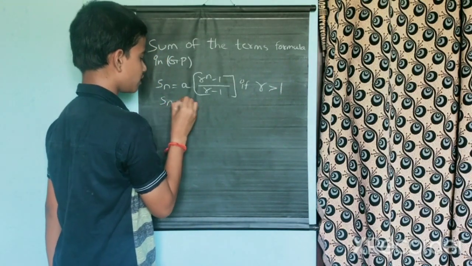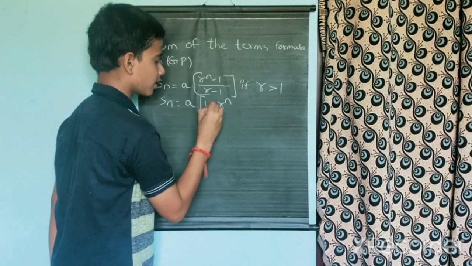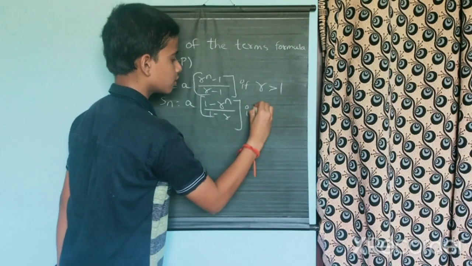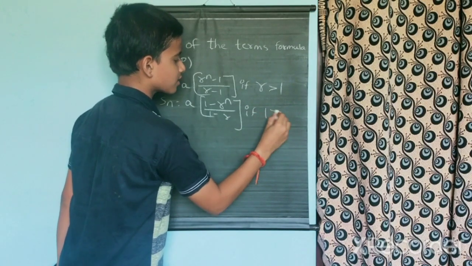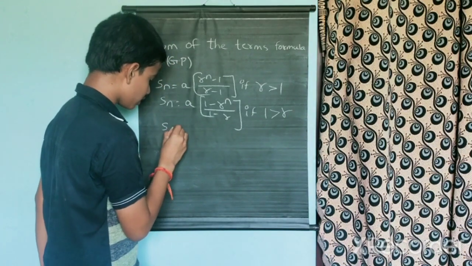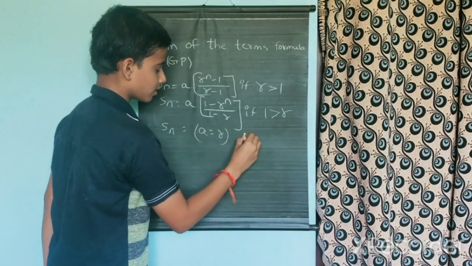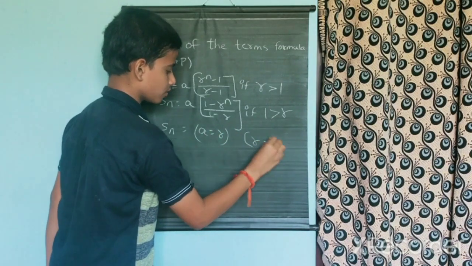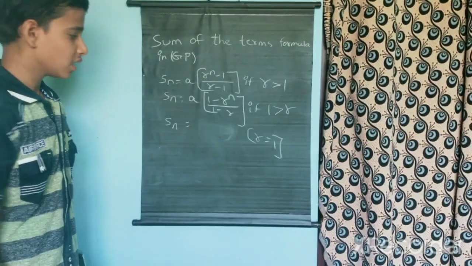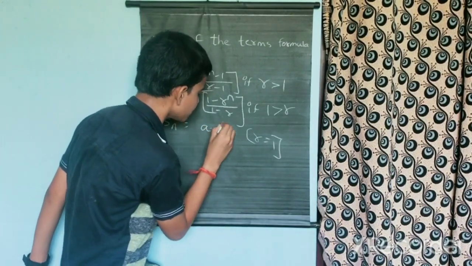And Sn equals a into 1 minus r power n by 1 minus r, if 1 is greater than r. When r equals 1, the formula is a into n.